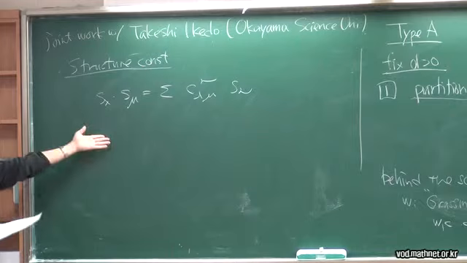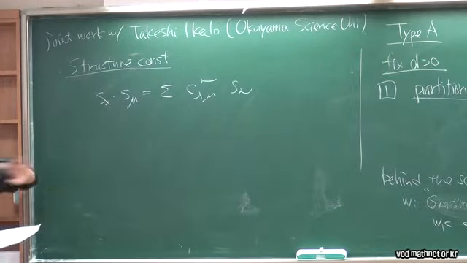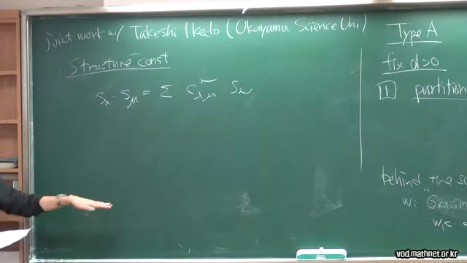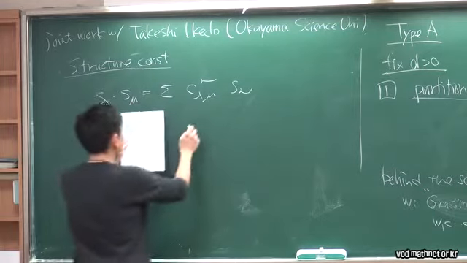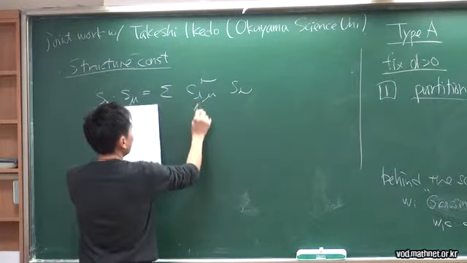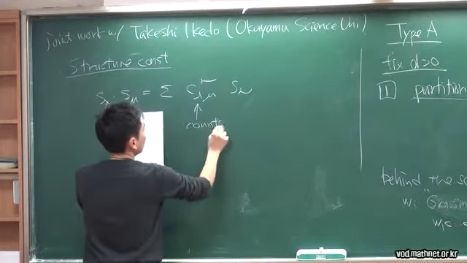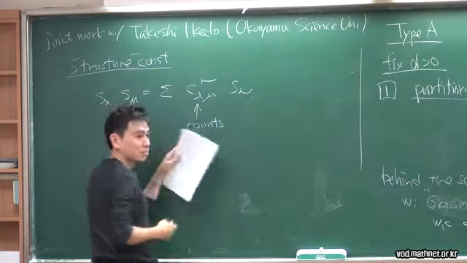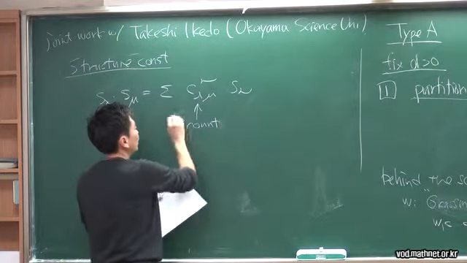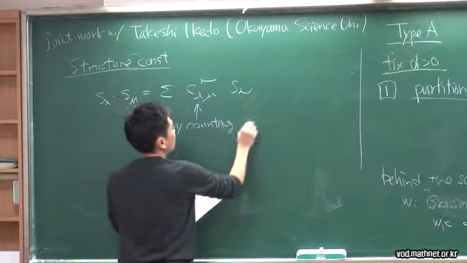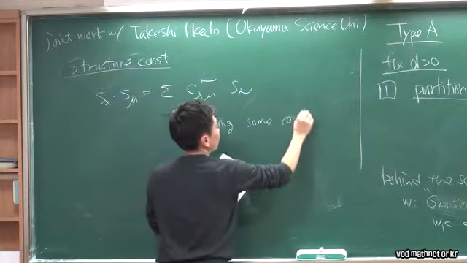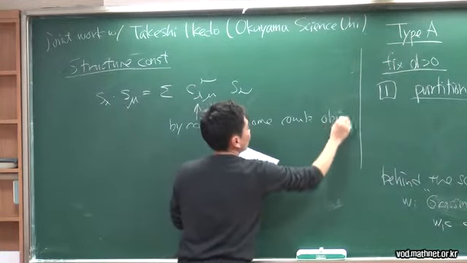And of course, this is an old problem, and it has been worked out in many different ways. What's very interesting for combinatorics is that this number is obtained by counting some combinatorial objects.